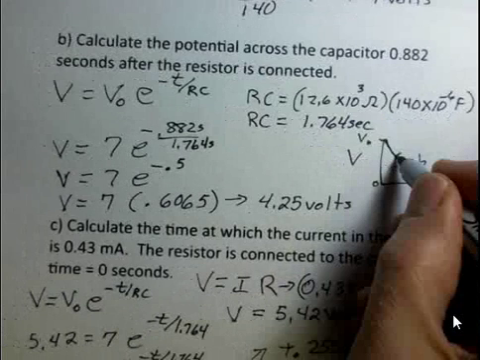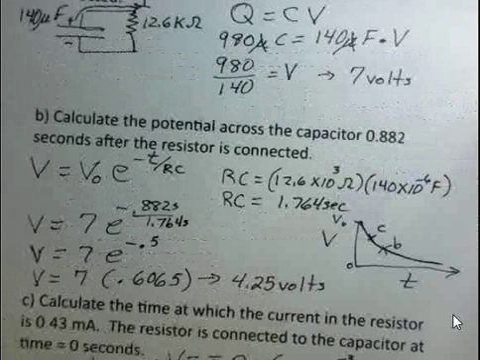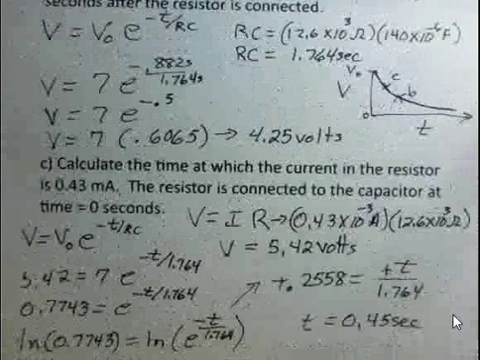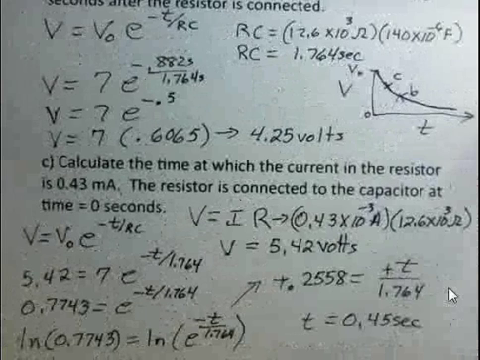So up here, the answer for C. So these numbers are consistent. When the time is shorter, the capacitor has more potential difference across it. The voltage is higher. So keep practicing with those expressions. V equals V naught, e to the minus t over RC. Make sure you use standard metric units when you're calculating the RC.